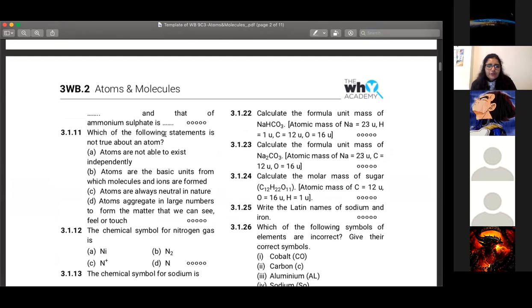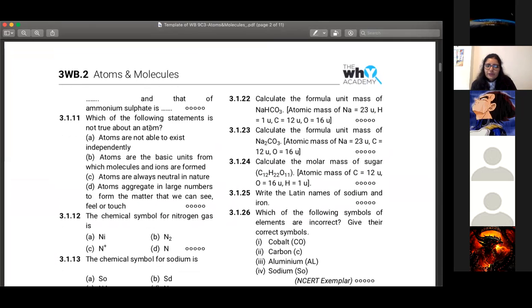11. Which of the following statements is not true about an atom? Atoms are not able to exist independently. Atoms are basic units from which molecules and ions are formed. Atoms are always neutral in nature. Atoms aggregate in large numbers to form the matter that we can see, feel, or touch.